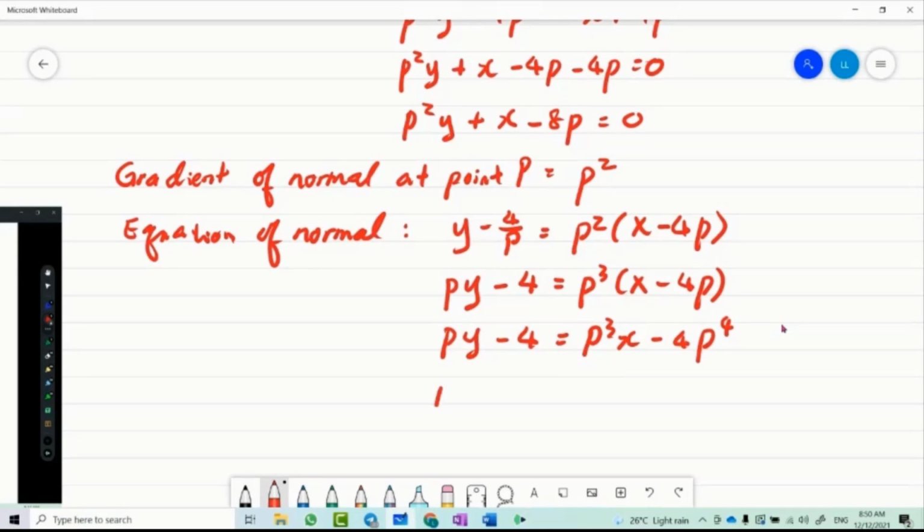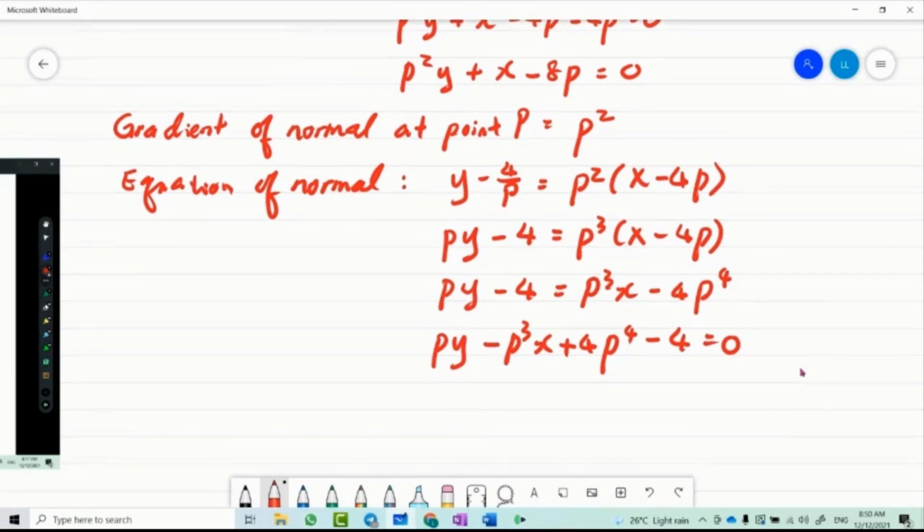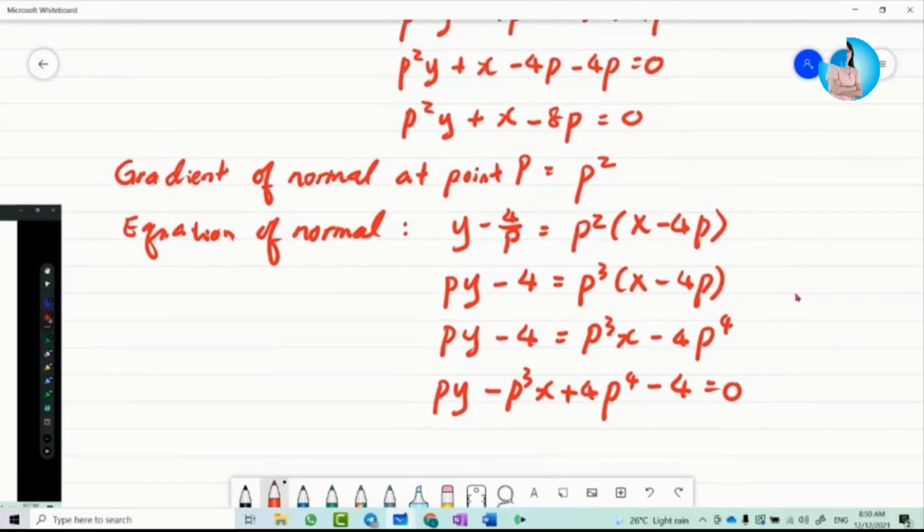Dan semua susun di sebelah kiri. Okay, so this is the equation of normal. Okay, up to here. So selesai kita punya tugas.